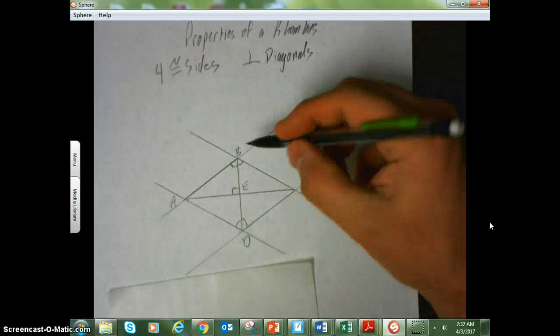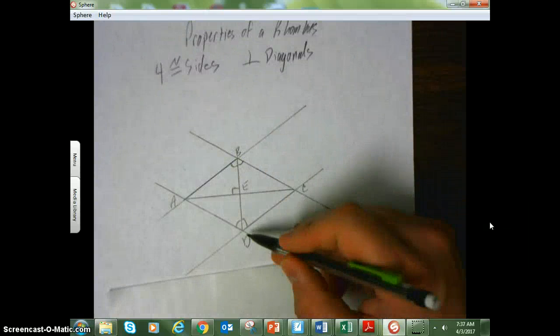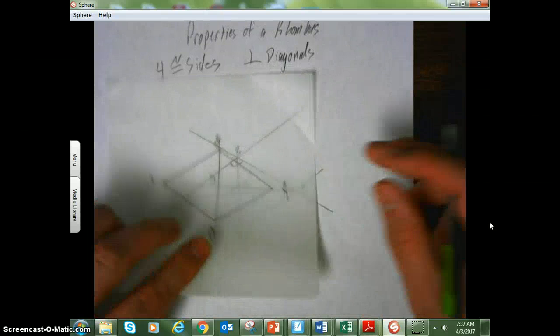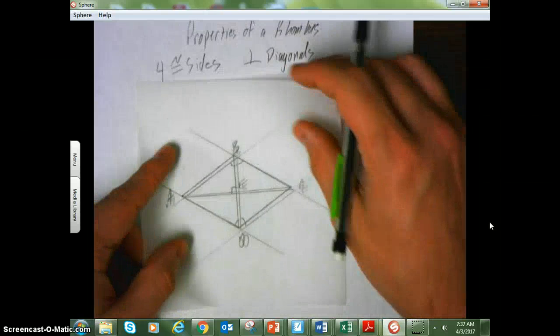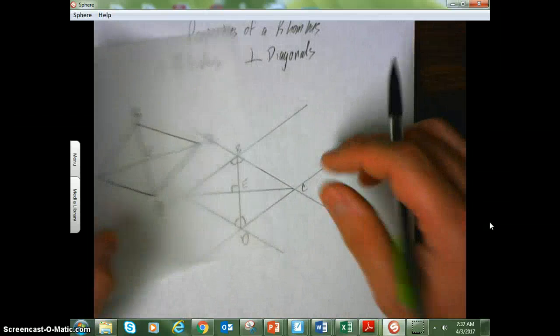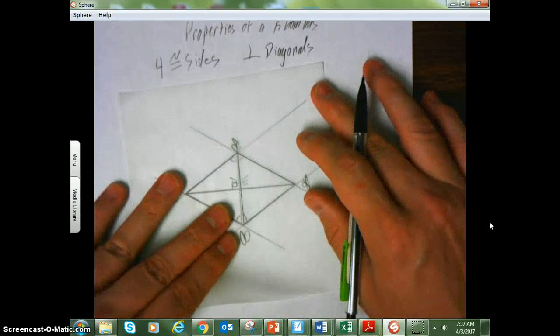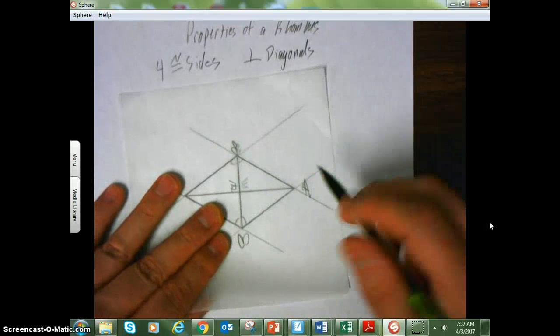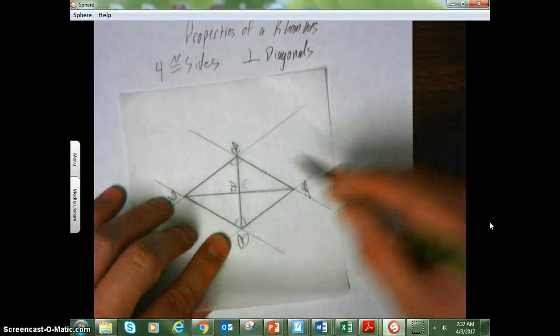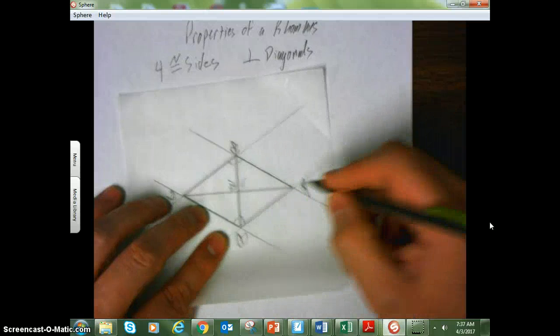And is it true for the other way? So let's look at angle BCE and angle DCE. So now, starting here, what we're going to do is, again, flip it and compare it with the angles on the other side. So again, A and C are at the same place now, and we can see that the figure maps directly onto itself.